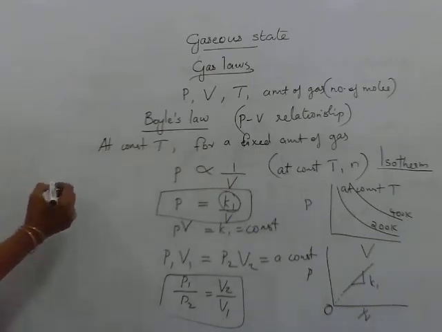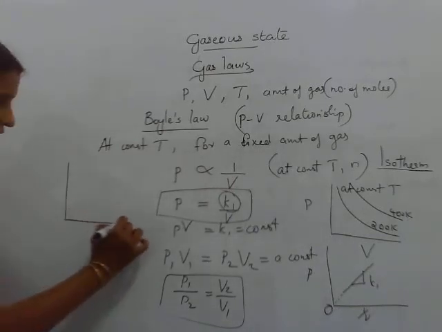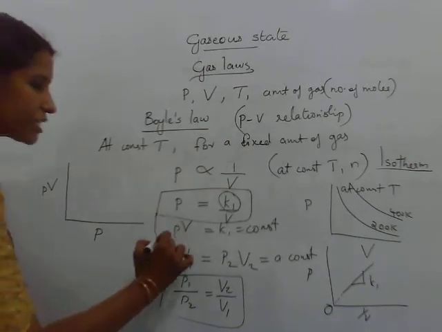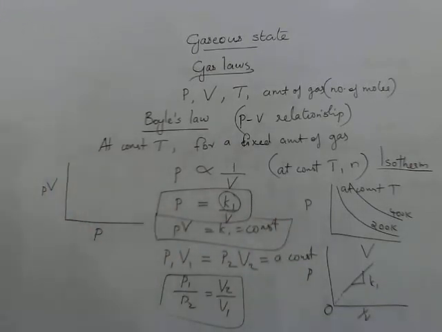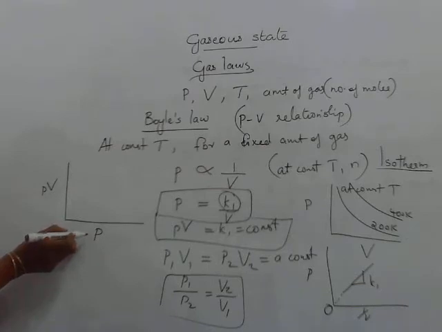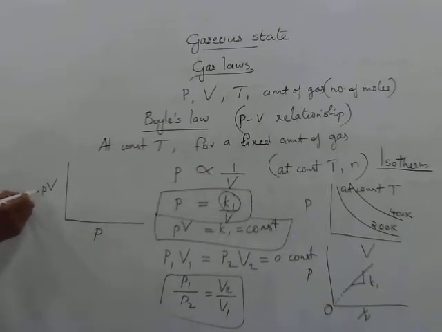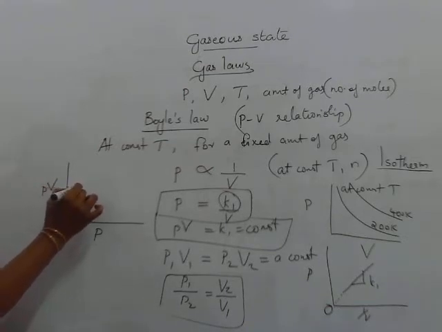We can show Boyle's law graphically with another curve. If you plot the product of pressure and volume against pressure, according to Boyle's law, pressure into volume is a constant. It is independent of pressure. So whatever be the pressure of the gas, the product of pressure and volume will be constant.